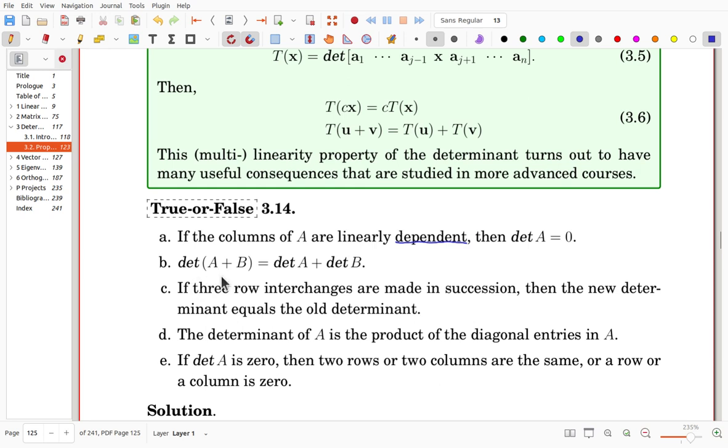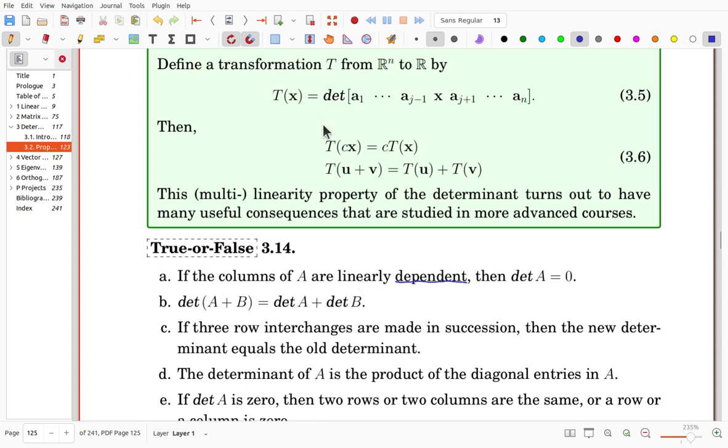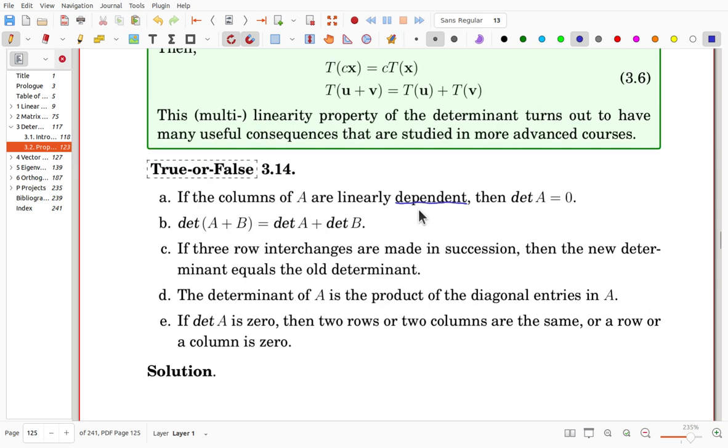Now, the determinant of A plus B is the same as the determinant of A plus the determinant of B. Is it true? No. For matrix multiplication, if the addition is changed to multiplication, it is true. But for addition, it is not true. You should not be confused along with such the determinant function. Okay.